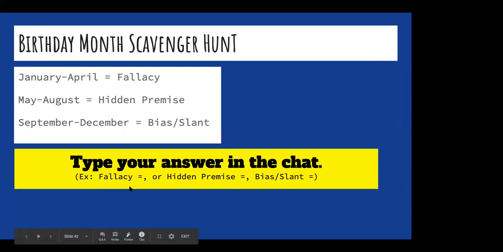Okay. So we're not going to do a scavenger hunt for time, but if you were doing this in your class, specifically, absolutely, Miss Smoot, she's trying to persuade men. Absolutely. So if you were doing this in your class, you could easily break the kids up into a scavenger hunt by their birthday month and have them look for different things within the article.